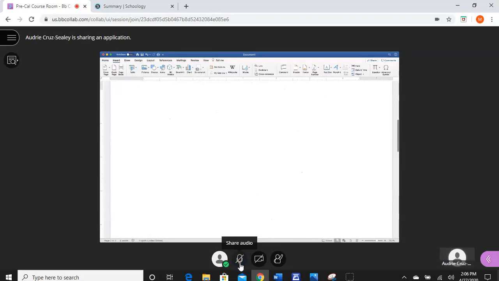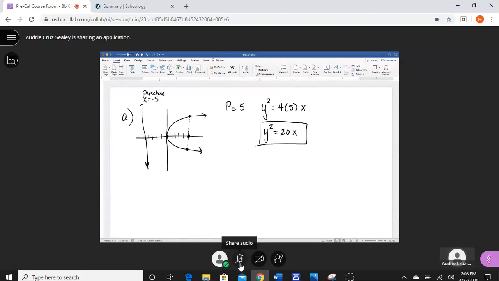Okay. All right. So part B. B says that the focus is at (0, -1/4). Again, we're centered at the origin. If your focus is at (0, -1/4), that's here, right? Which means you're opening this way.